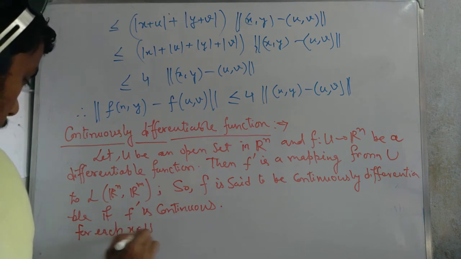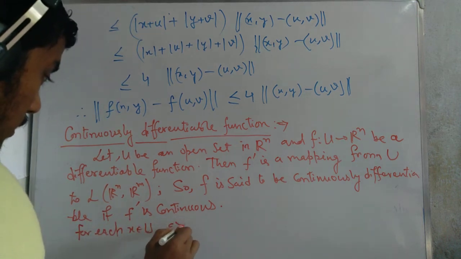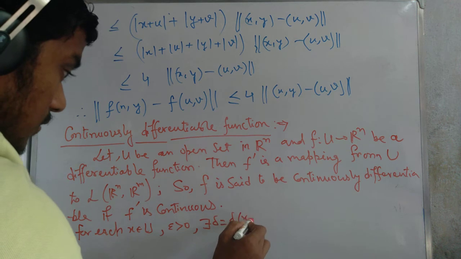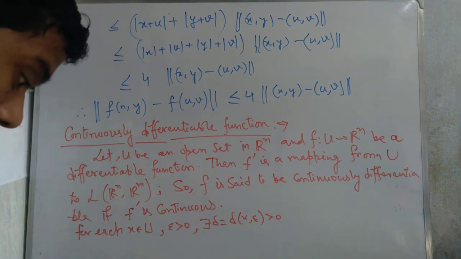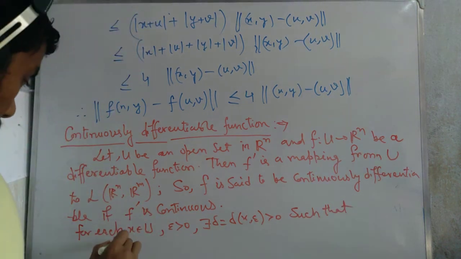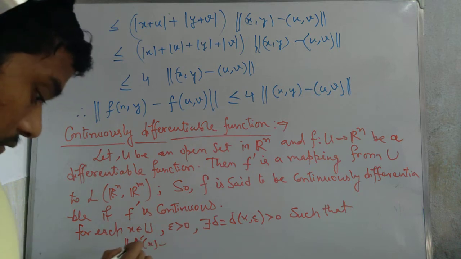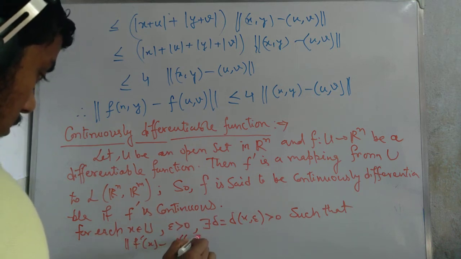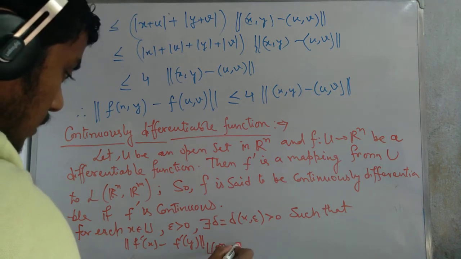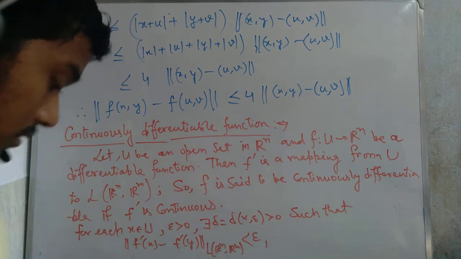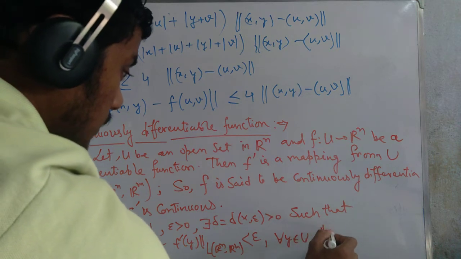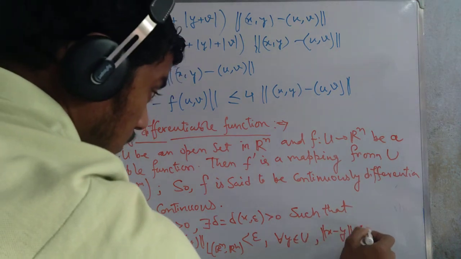for each x belongs to U and epsilon greater than 0, there exists delta equal to delta(x, epsilon) greater than 0 such that norm of f dash x difference f dash y, norm in L(R^n, R^p), is less than epsilon for all y belongs to U and norm of x difference y less than delta.